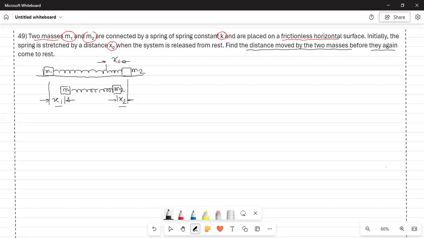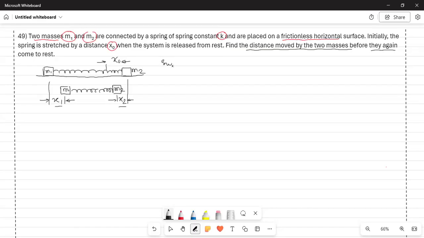Now, let us say the body M1 has moved by the distance x1, and its mass was M1. Suppose this happened during a small time delta t.